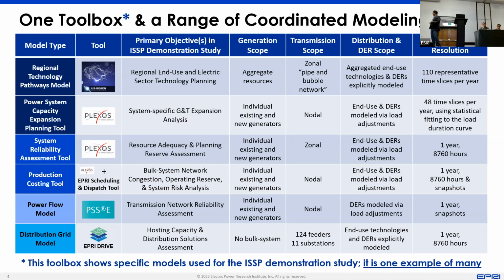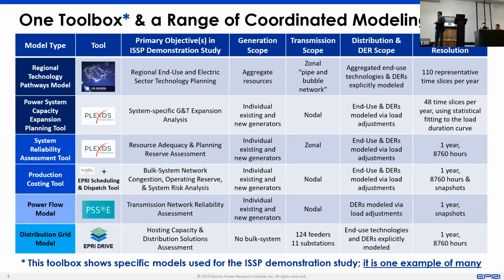So the challenge is, if you look at the transmission scope, some of these models have zonal representation. Some of the models have nodal representation. Also in terms of the temporal resolution, some models work for every hour of the year, like production costing. For some others, you can have only the slices coming out of the 8760.